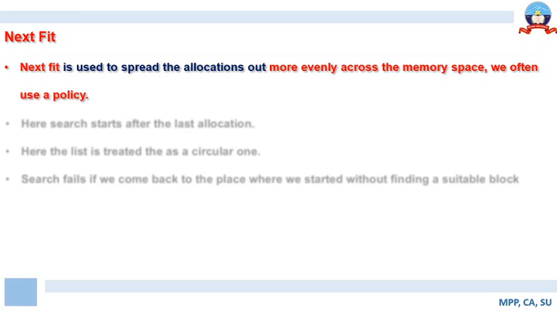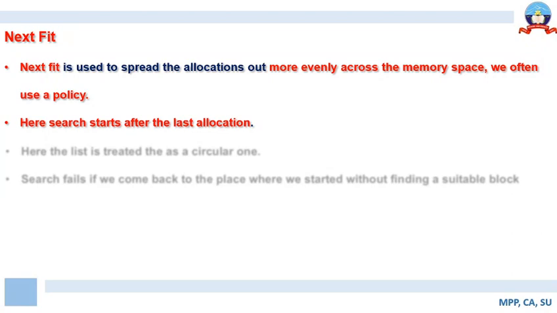Now in case of next fit, in order to have a more even distribution of processes over the memory, we start the search for the hole from the last allocation. So the searching process to determine a hole that is capable of accommodating the process starts from the last allocation.